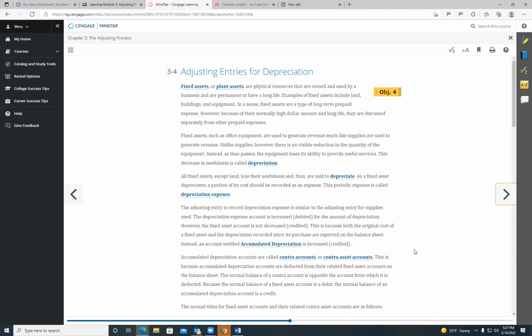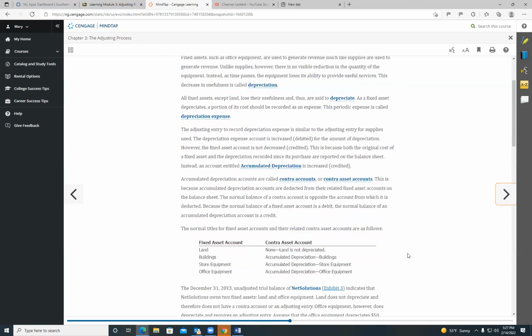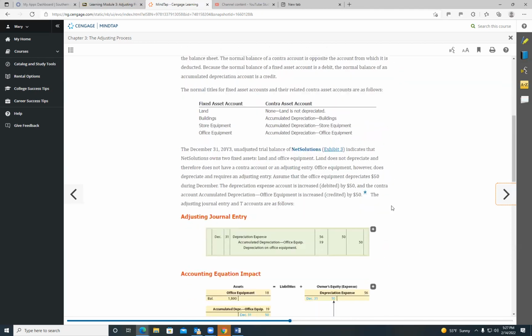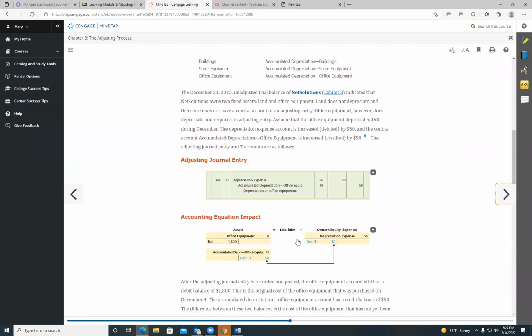So let's look at some examples. Here's an example of a journal entry for depreciation. On December 31st, an adjusted trial balance of Net Solutions indicated that Net Solutions owns two fixed assets, land and office equipment. Land does not depreciate and therefore does not have a contra account or any adjusting entry, as we already discussed, but office equipment does depreciate and requires an adjusting entry.